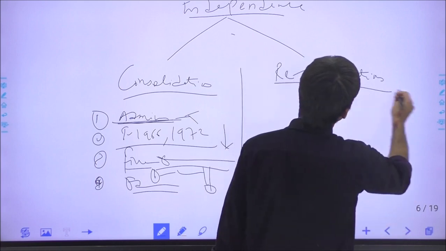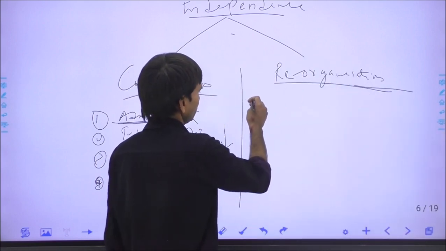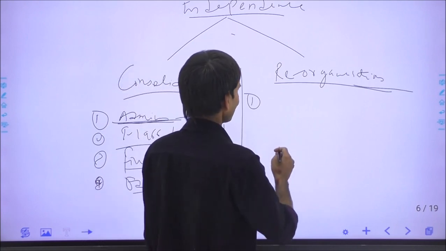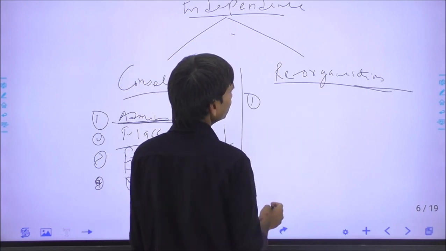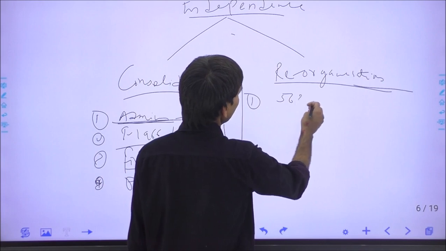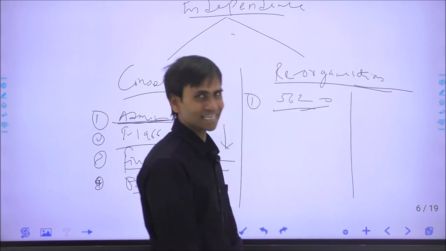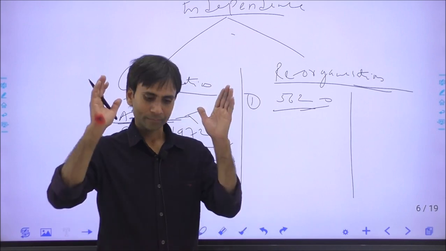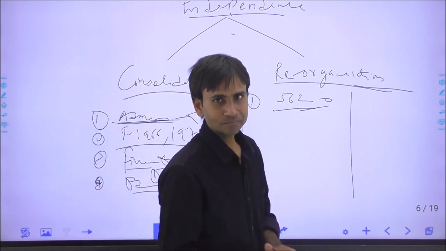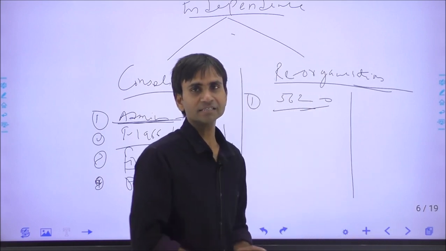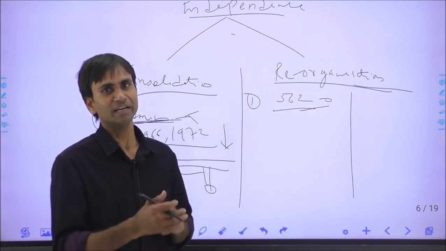The reorganization of India, which after independence was the political reorganization, is also called integration. There were about 562 princely states. How were they integrated? This was Vallabhbhai Patel and his policies to integrate these princely states with the rest of India.